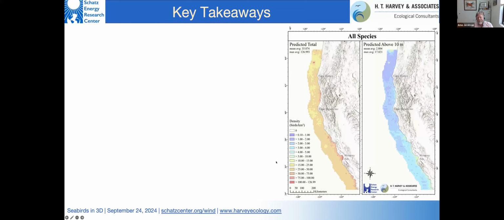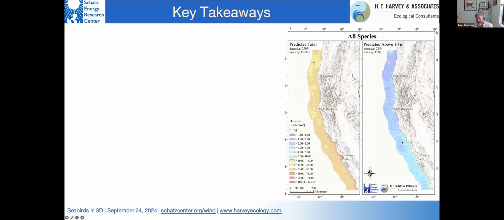That's showing seabird densities for species at all heights, so those close to the ocean sea surface, as well as those more than 10 meters above the sea surface.